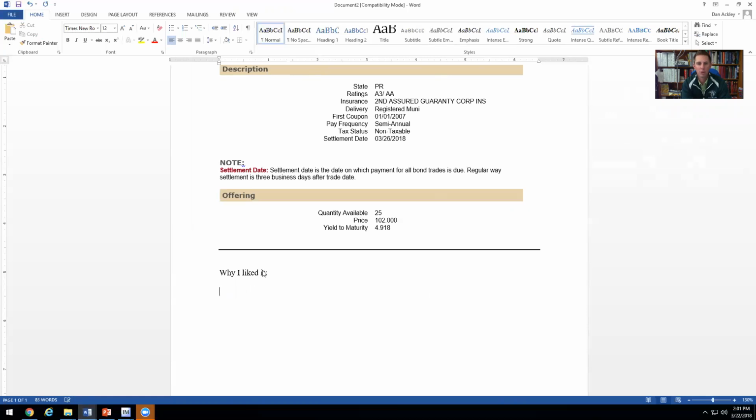So this is where I just want a short deal. So maybe one of the reasons I prefer this bond is because of its rating with both Standard & Poor's and Moody's, right?